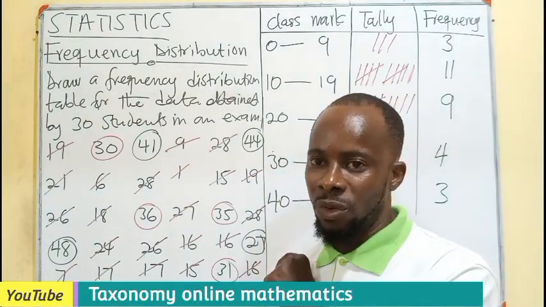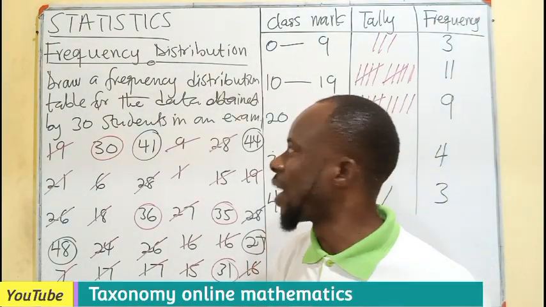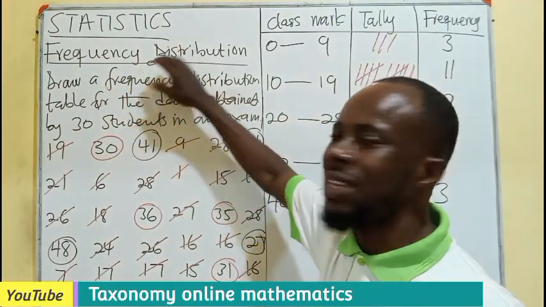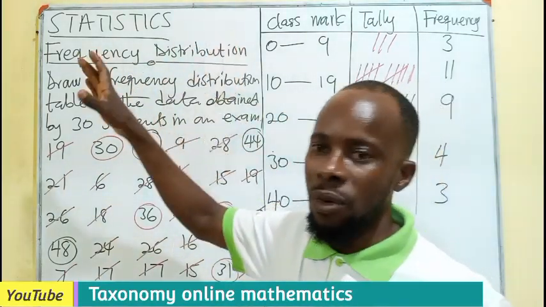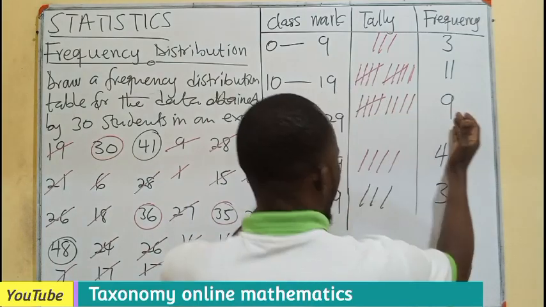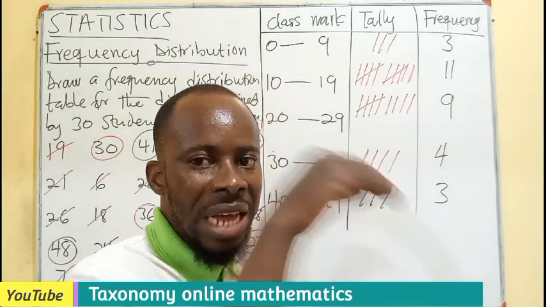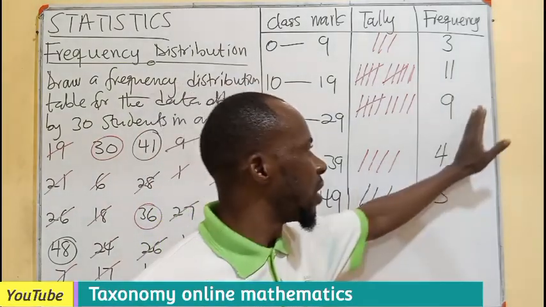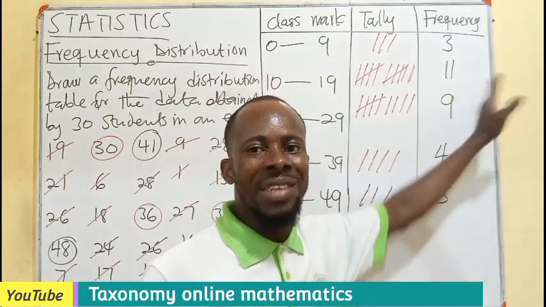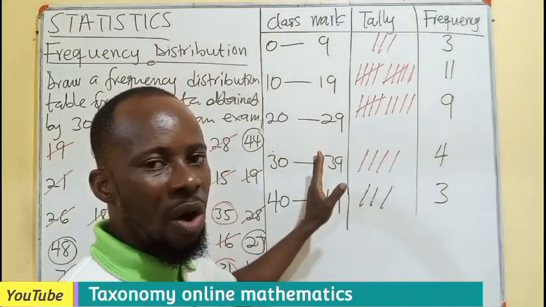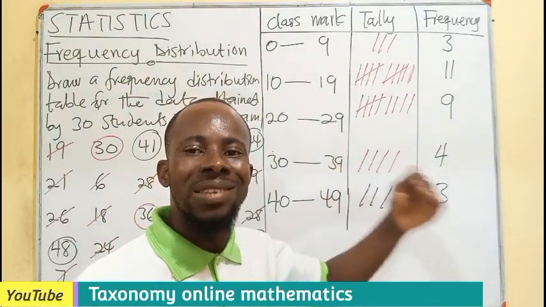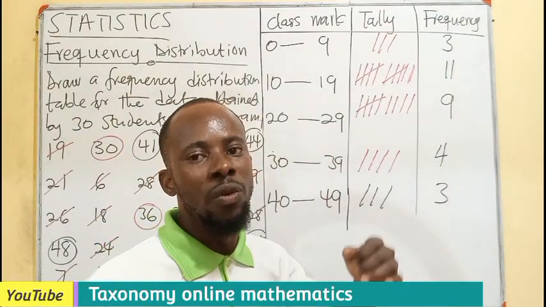So in this episode, we are only concerning ourselves with what? Frequency distribution table. And the columns are more than this. If questions will be asked on central tendency, the table will extend. Then we are going to have what they call class interval and so on and so forth.